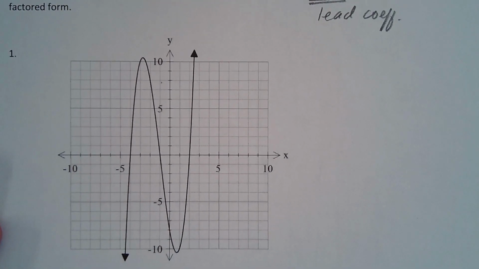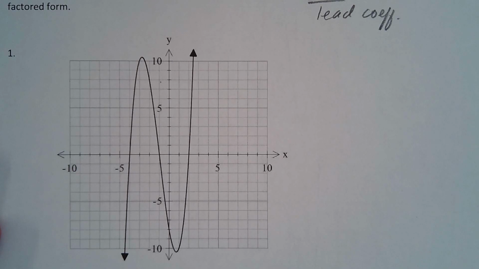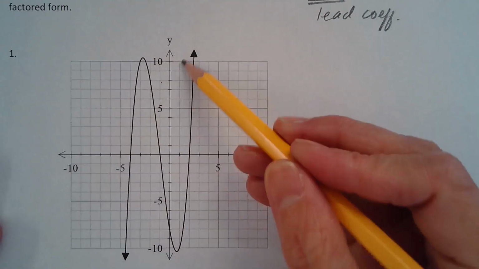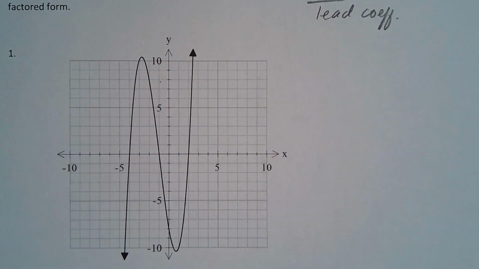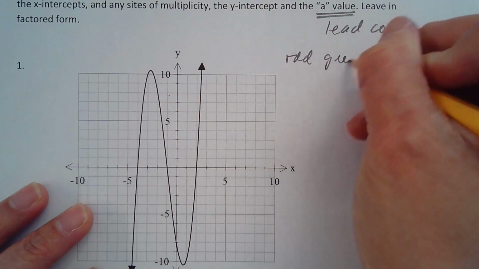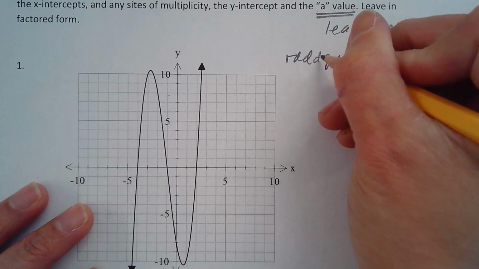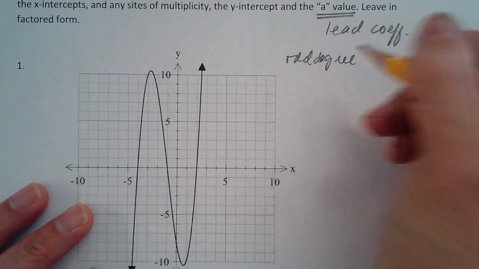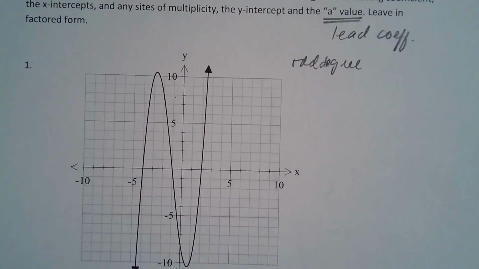Any thoughts right now? Is this an odd degree or even degree? Odd. Yeah, it's odd because the arms are not even. One is up, one is down, right? Okay. This is going to be an odd degree. What do you think the degree is here?